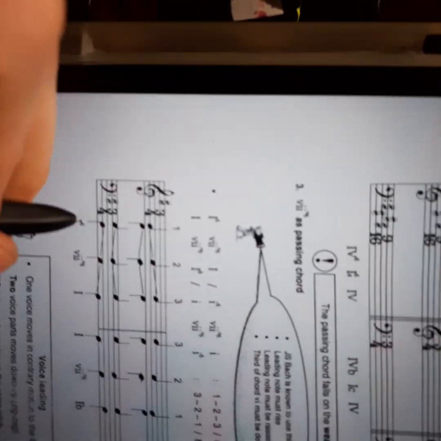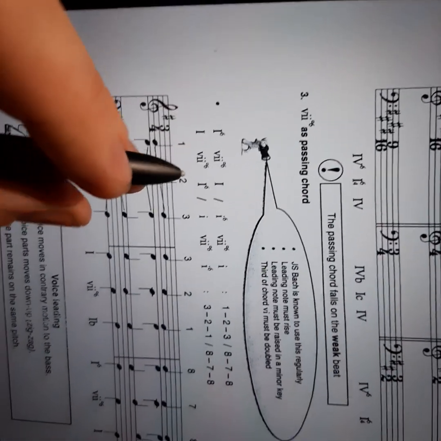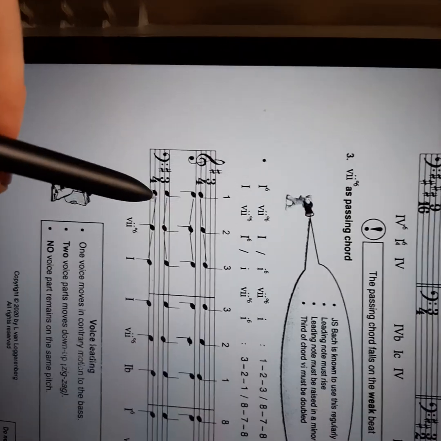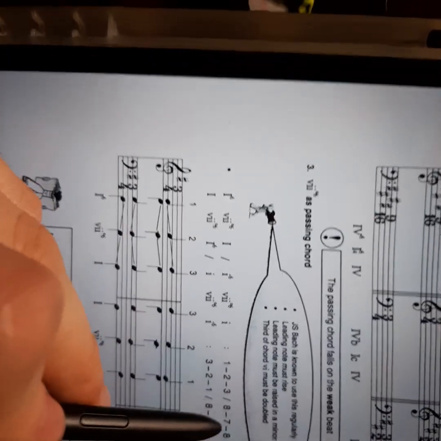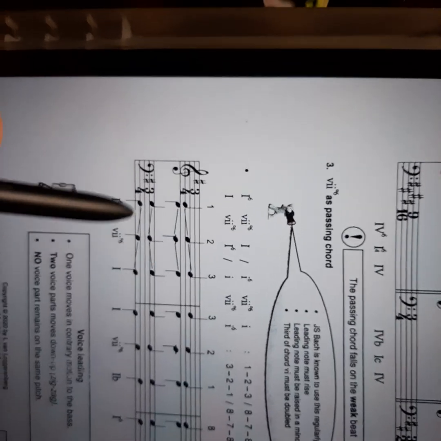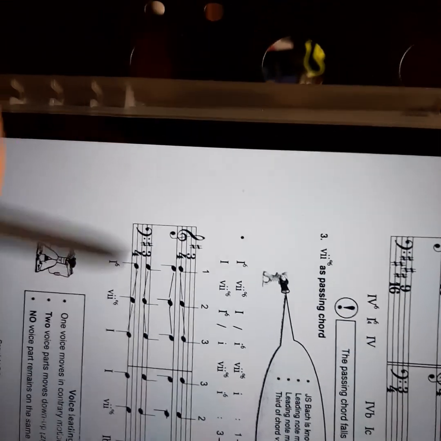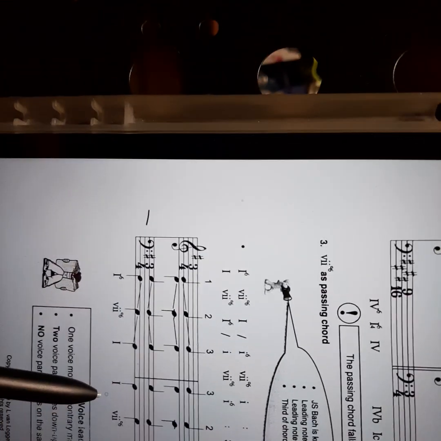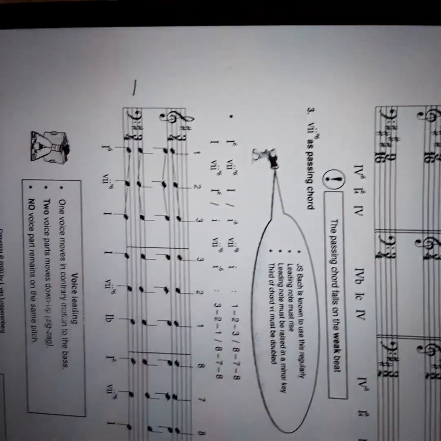So in our worked out examples of the passing 7-6, we have an 8-7-8, there we go, 8-7-8, and 3-2-1, 1-2-3 on the outside.